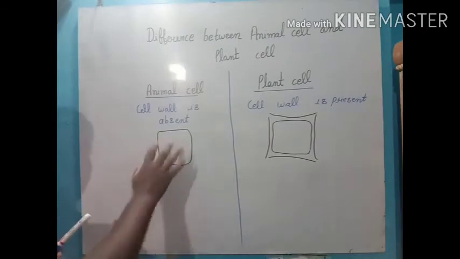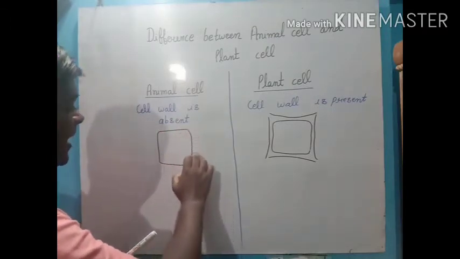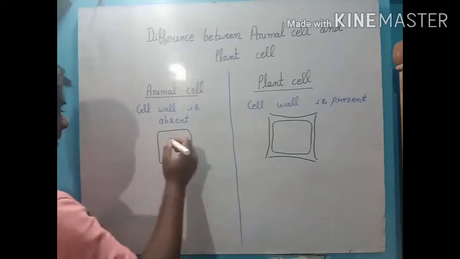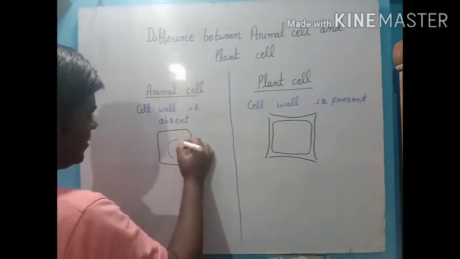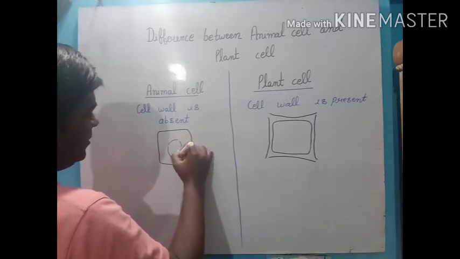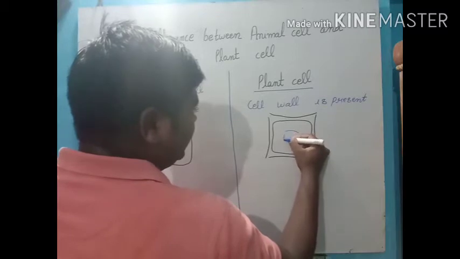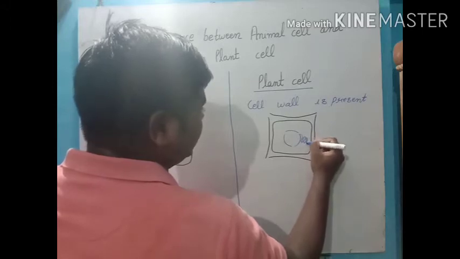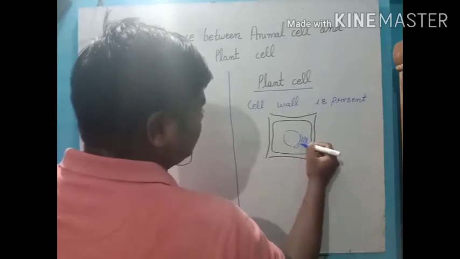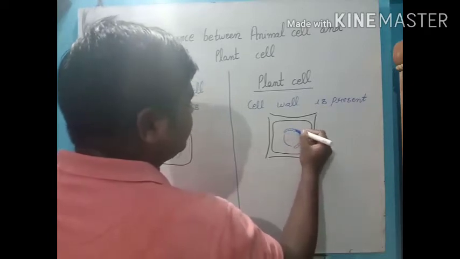Here you can see there is no cell wall, so protoplasm is surrounded by plasma membrane only. We know that inside this one there is a nucleus. I am just drawing the nucleus, and then we'll take other points as well. You know that this is the endoplasmic reticulum.